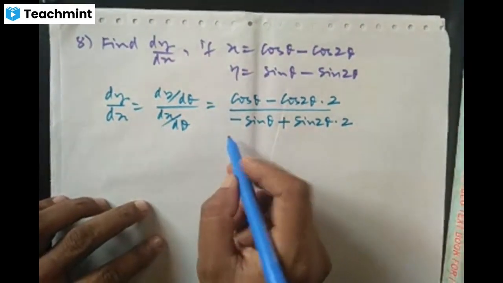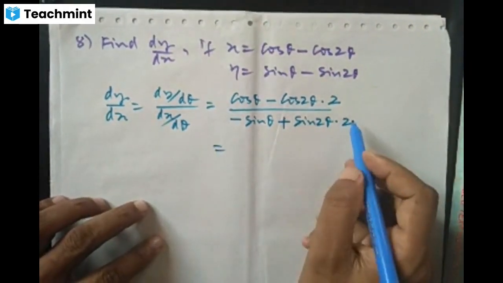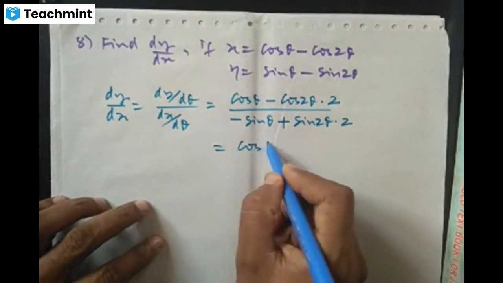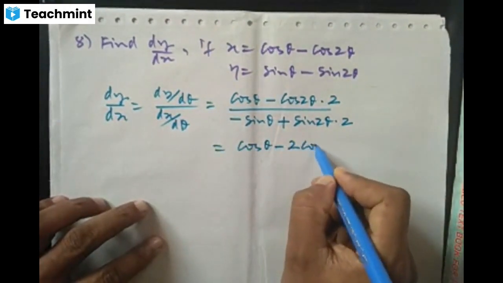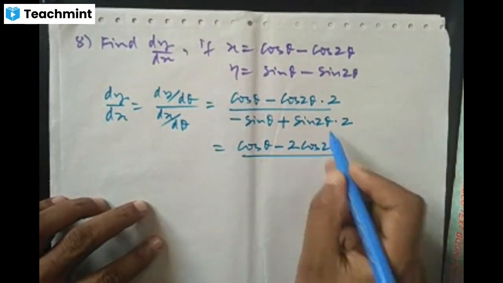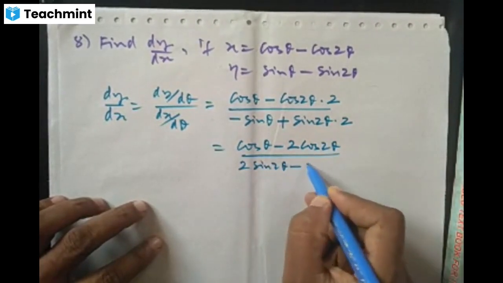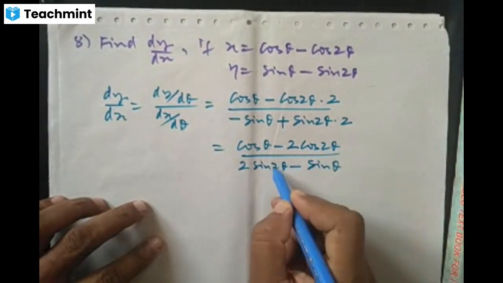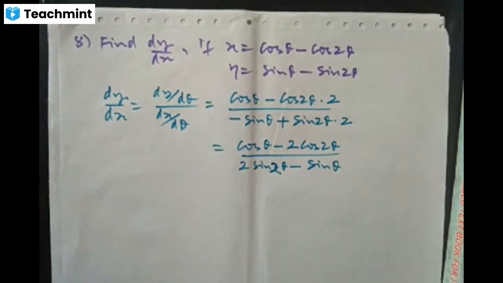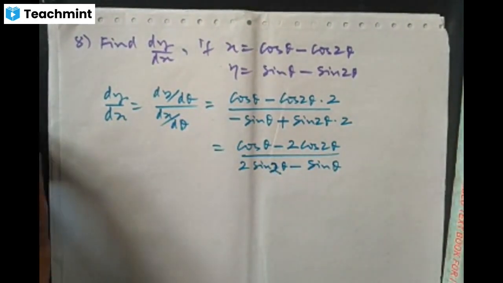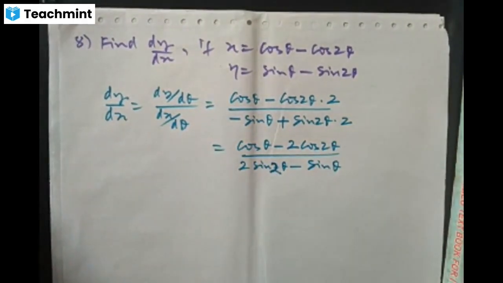Or you can rewrite this as cos theta minus 2 cos 2 theta divided by 2 sin 2 theta minus sin theta, correct?